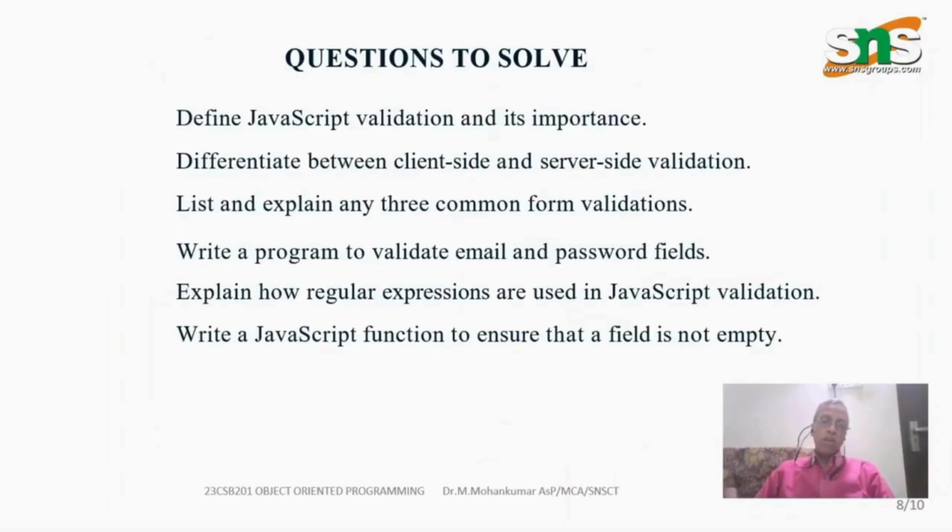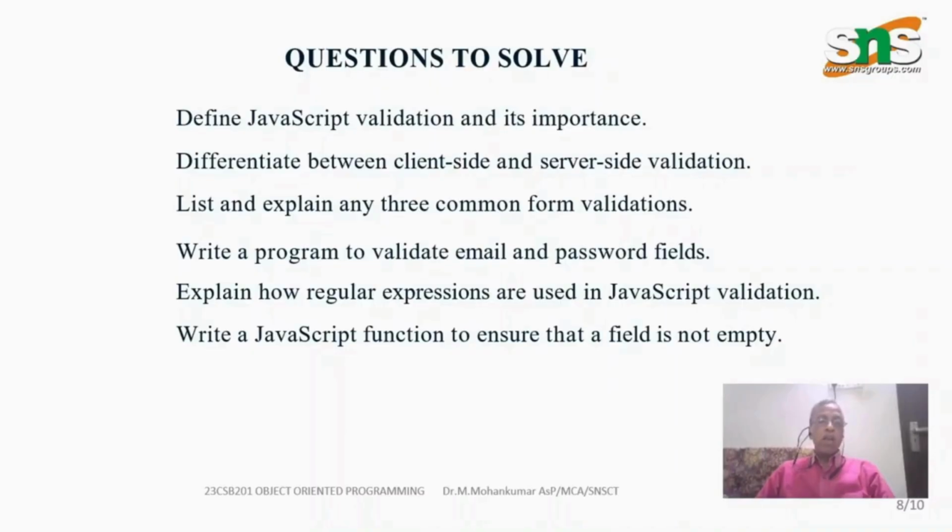Normally, for JavaScript validation and its importance, they may ask some questions. Differentiate between client side and server side validation with an example. List and explain any three common form validations. These three questions come under 2 to 3 marks. Write a program to validate email and password fields: that will come for 8 marks.